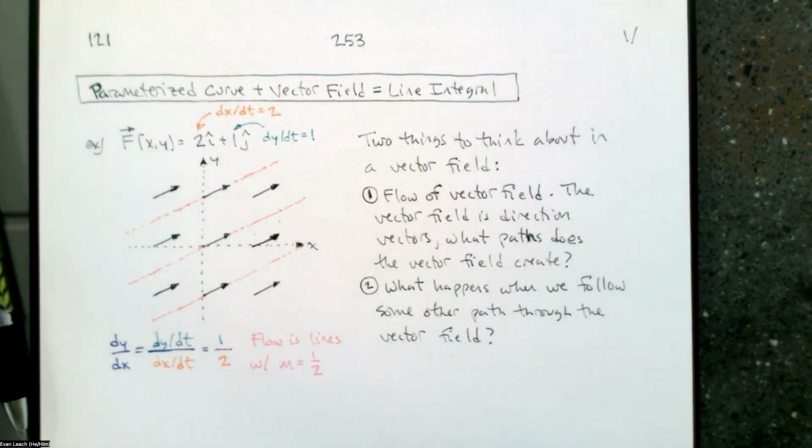What happens when we follow some other path through the vector field? Is the vector field pushing us along that path? Is the vector field hindering the path?